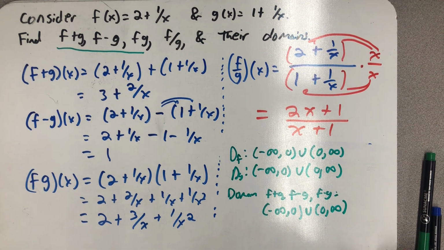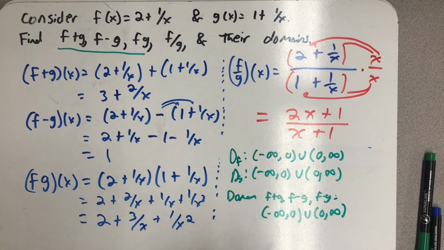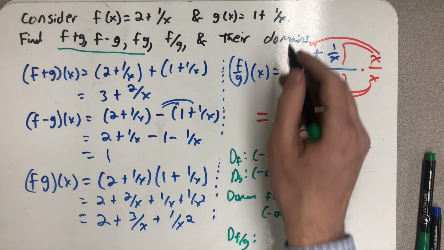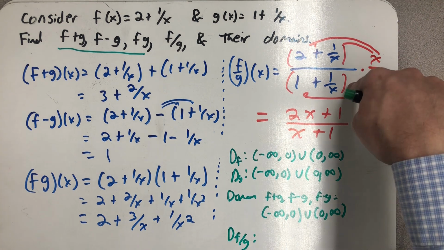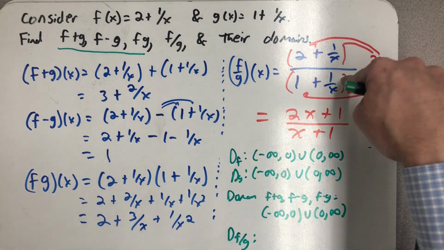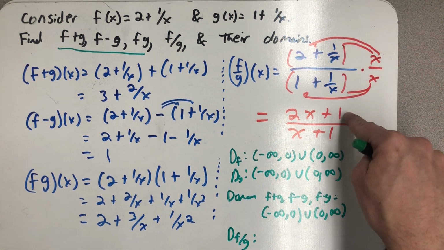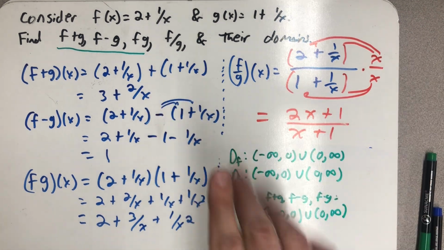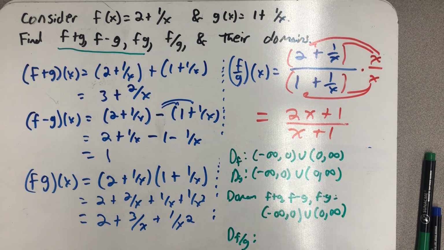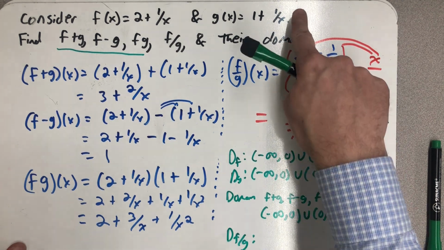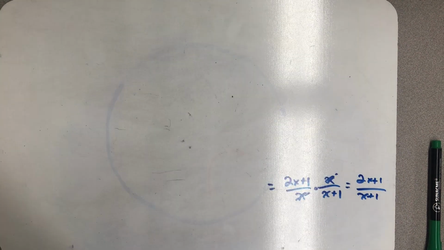The domain of f over g is the same domain, except I have to remove any values where g of x is equal to 0, because it's on the bottom of my fraction. I'm not allowed to divide by 0. Now, I could cheat and look ahead here and realize what x I'm going to have to throw out. But I want to go through the work I normally would. So I'm going to set this function, g of x, equal to 0.